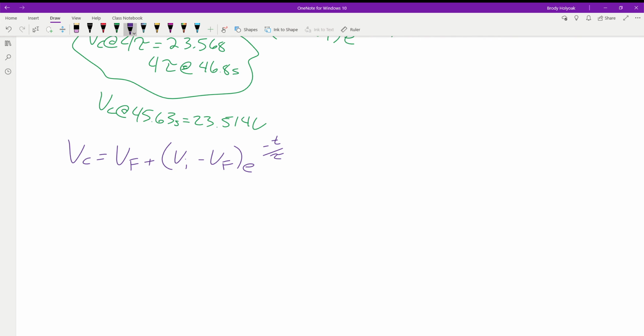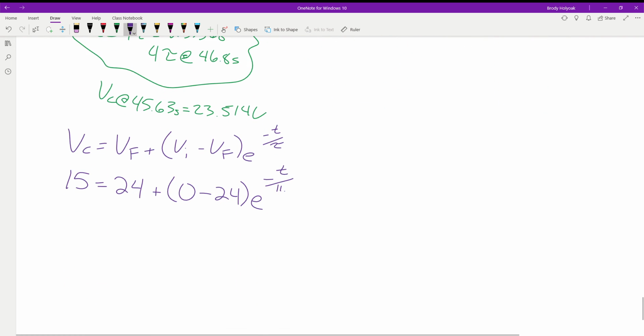So the voltage of the capacitor, I said I want to know when it equals 15 volts. We're charging to 24 volts. We're starting at 0 volts. Tau was 11.7. Okay. Now I'm going to solve for t. This is why we learned logs last week. So the first thing we're going to do is subtract 24 from both sides.